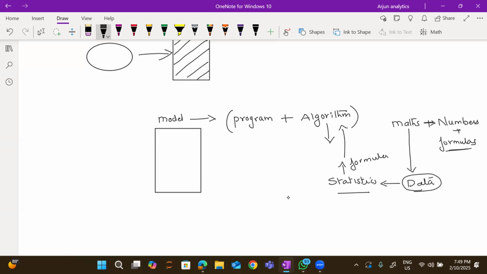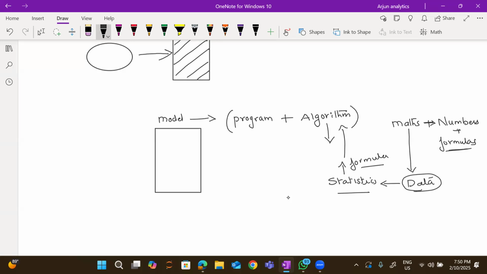Now, before implementing this formula, we need to do some pre-processing steps. If you take maths, if you want to implement a formula on the numbers, get the numbers and you do it. That's it. When it comes to statistics, the branch of mathematics, this statistics has its own formula.